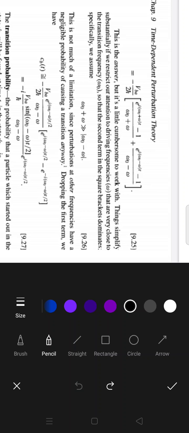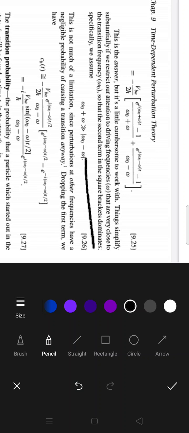The expression simplifies if we restrict ourselves to the case where omega is the driving frequency and omega naught is the transition frequency. If omega is nearly close to omega naught, the second term in the bracket dominates.